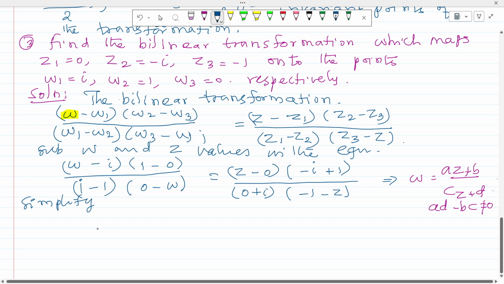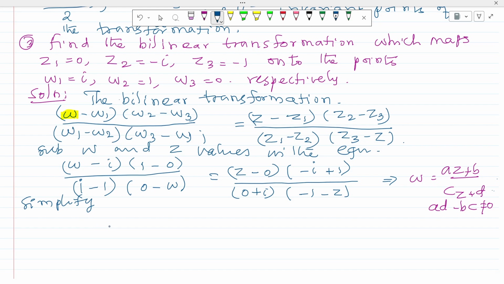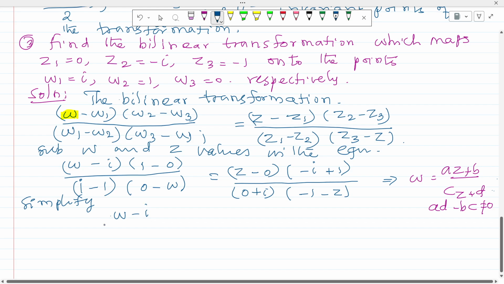How to simplify? W minus I into 1, na? W minus I. Okay. In the numerator. Denominator, minus W is there. I minus 1. So I minus 1 can be written as 1 minus I. Yeah.